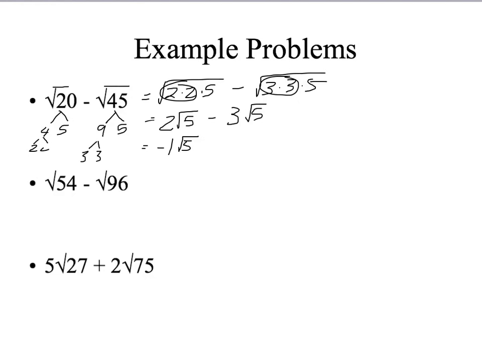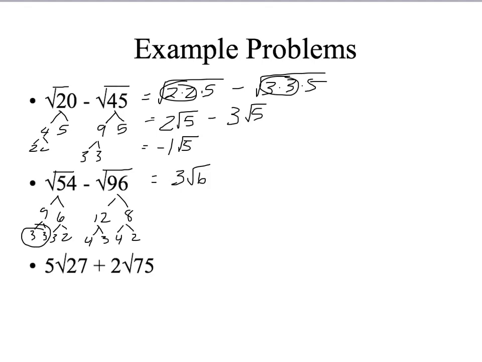Square root of 54 minus the square root of 96. Now, if we recall, 9 times 6 is 54, and 3 times 3, 3 times 2. Notice I have a pair of 3's I can pull out. So this becomes 3 square root of 6. And this is 12 times 8 is 96. 4 times 3, 4 times 2.